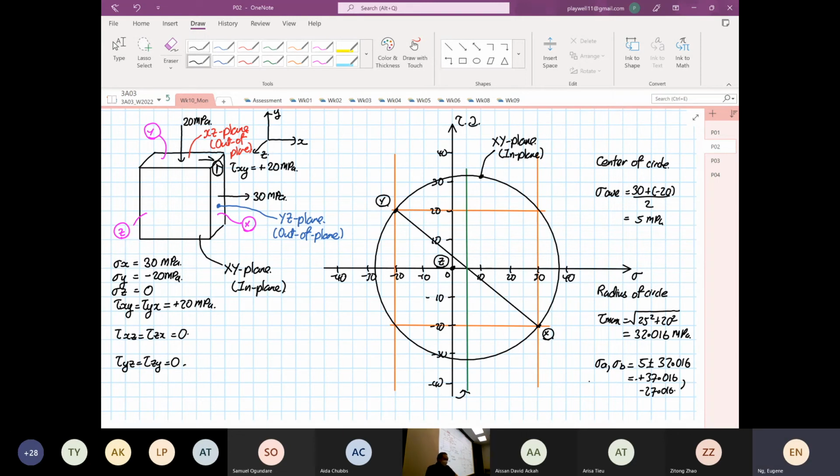Because point Z has 0 normal stress and 0 shear stress. Now we are going to draw another circle, but before I go on, I would like to label this as our stress A, and over here as our stress B.